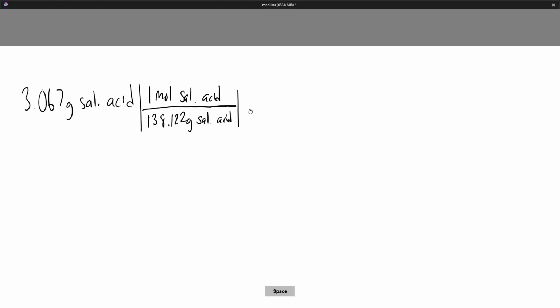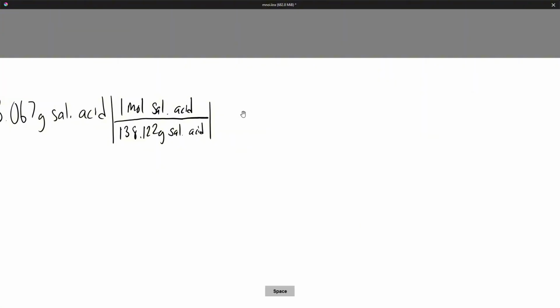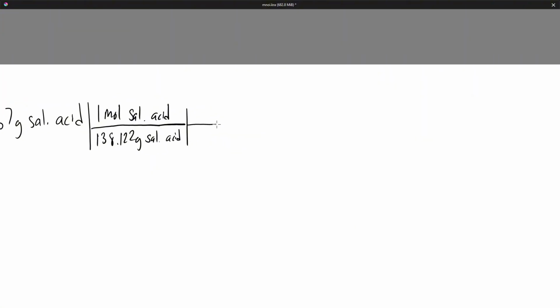Okay, now we want to use stoichiometry to just convert from moles of salicylic acid into moles of aspirin. Luckily it's all 1-to-1, so it doesn't matter.